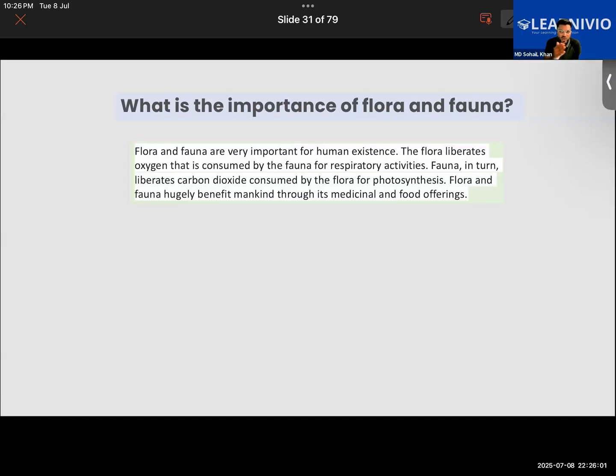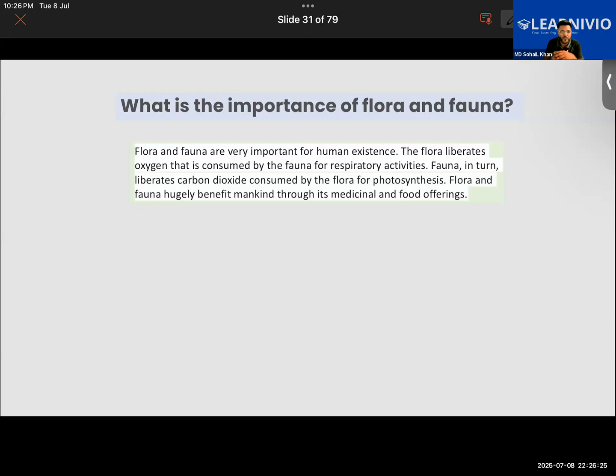How plants are benefiting the animals and how animals are benefiting the plants. Some animals eat plants, and that helps in survival. Some animals live inside trees, like birds.